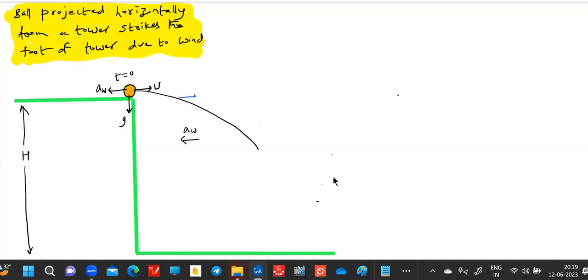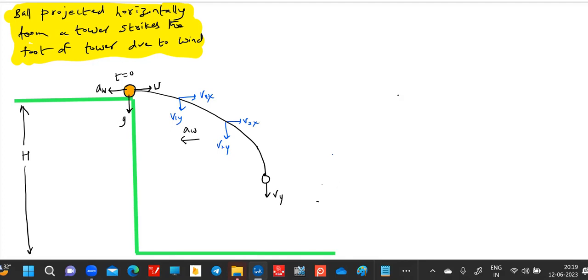So here, at different instants, we'll calculate the velocities v1x, v1y, v2x, v2y. Somewhere at one instant, the particle will be moving vertically, because the horizontal component of velocity should become 0, as the wind will retard the horizontal component of velocity.